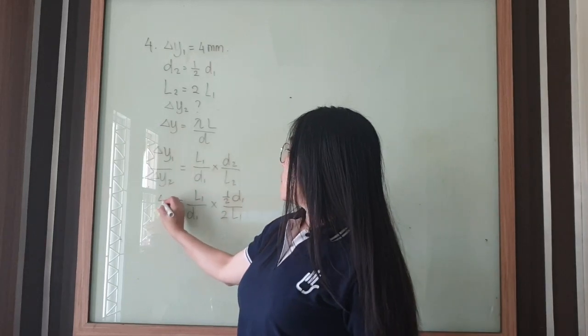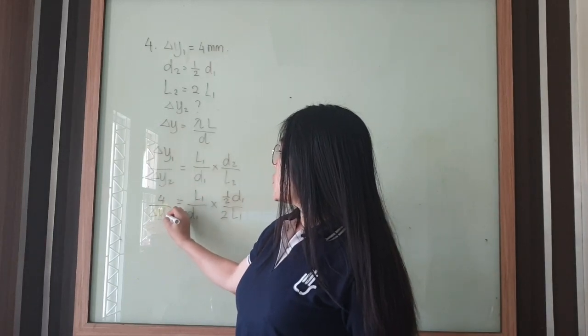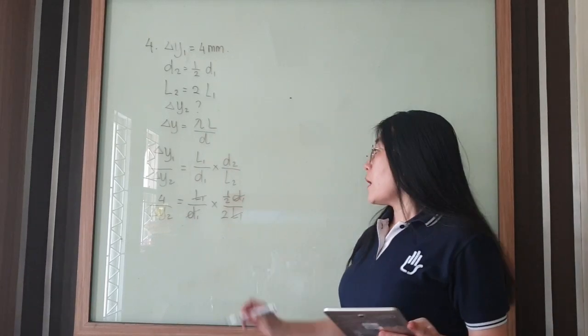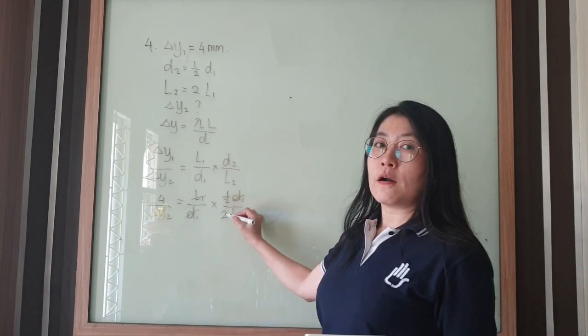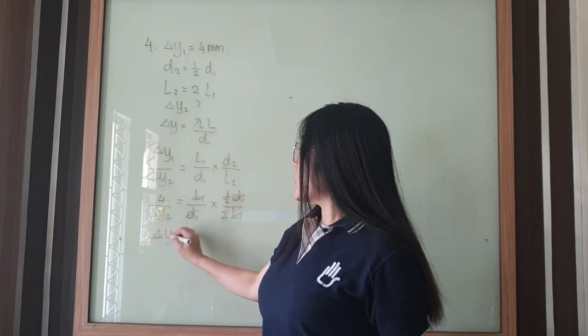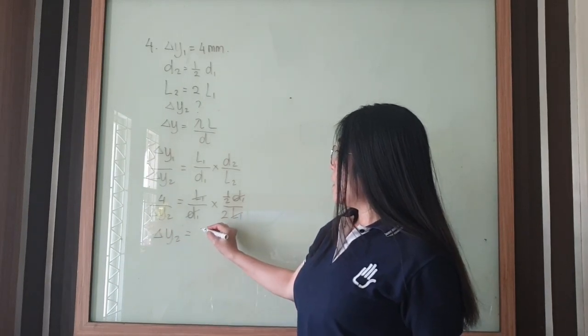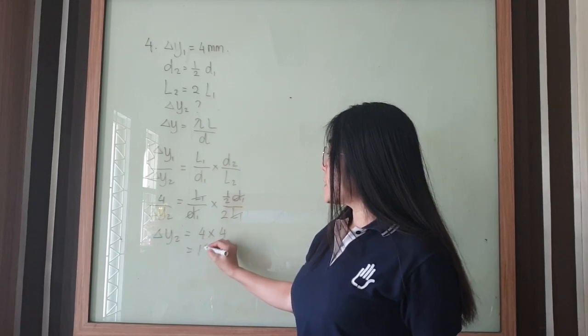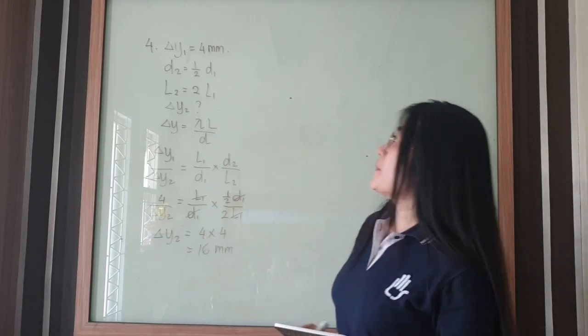Delta y1 is 4 over delta y2. I can cross them out. So I have here 1 over 4. So delta y2 will be 4 multiplied by 4 equals 16 millimeters.